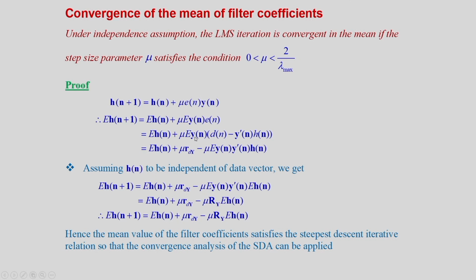Now, I can separately take the expectation here. So, the expression will be equal to E of h(n) plus this quantity will be Rdy, that is the cross correlation vector, and this part will be minus mu times E of y(n) into y transpose(n) into h(n).